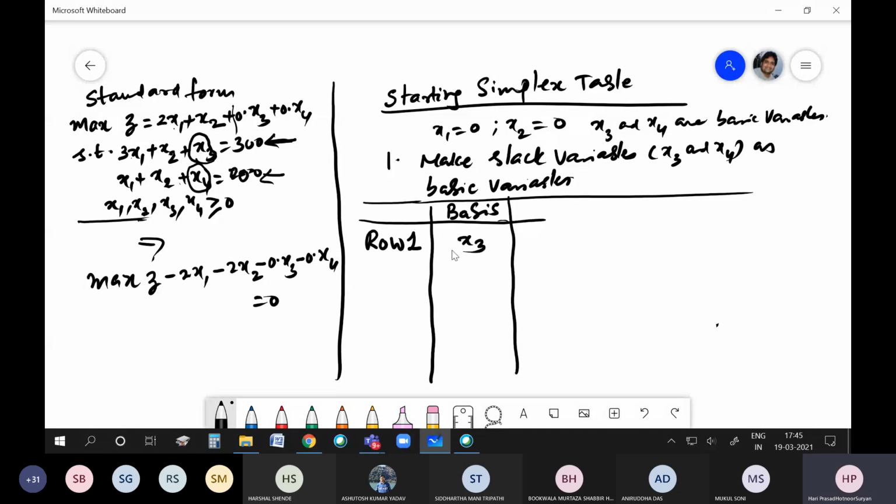We write it as x3. Then we write x1, x2, x3, x4 coefficients, and also the RHS value.